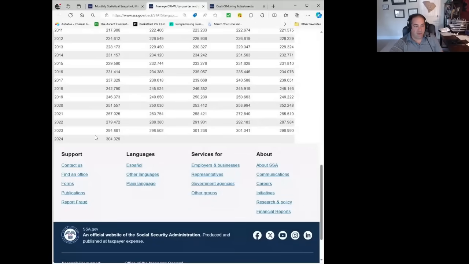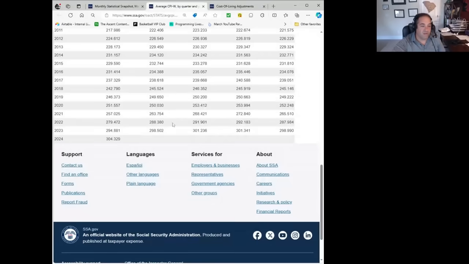If we look at 2023, this is quarter one right here. The next column's quarter two, quarter three, quarter four, and then the full year average. Where that 3.2% cost of living adjustment for last year came from is we take the number you see right here under the third quarter column for 2023, the 301.236, and if we divide that by the number right above it, which is the third quarter of 2022, the 291.901, you'll see it is almost exactly a 3.2% year over year increase.